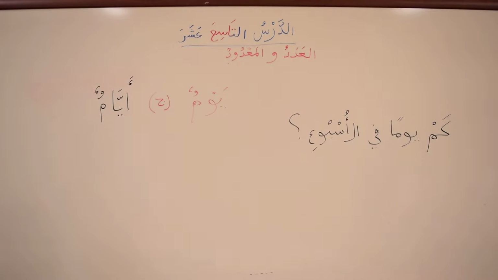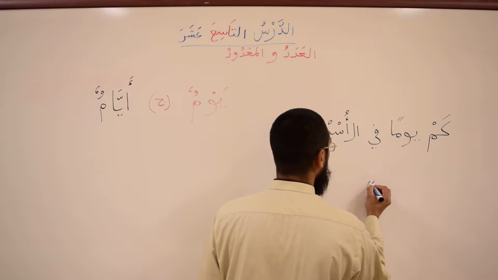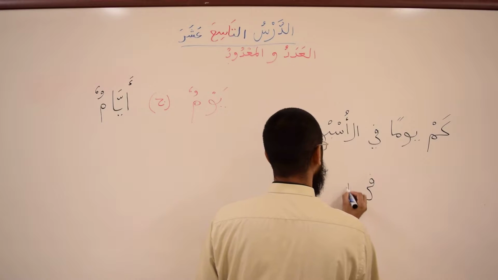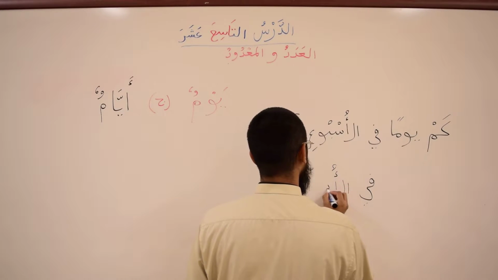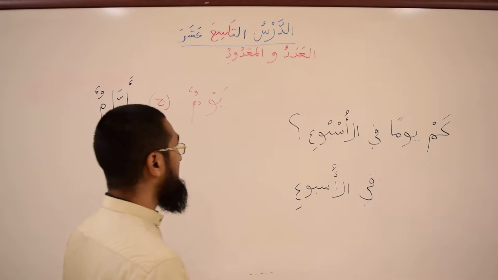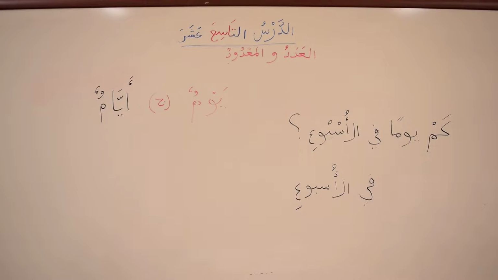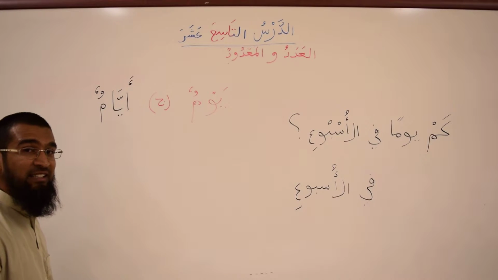So you will say fil usbu'i, in a week. In a week, there are, you don't say anything with there are, it's understood. How many days? Hopefully you said 7, right? So we want to say 7 days.